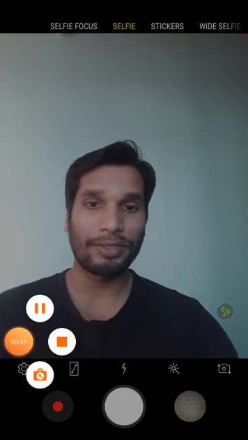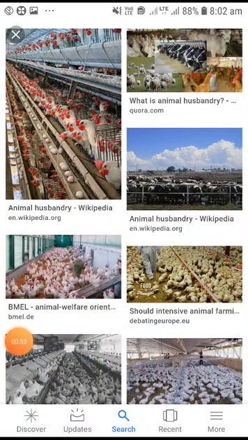Let me show you its pictures. Here are some examples. You can see the poultry farms, you can see the cattle rearing farms, and here one part of animal husbandry is shown, like keeping cattle and buffaloes for milk and milk products.